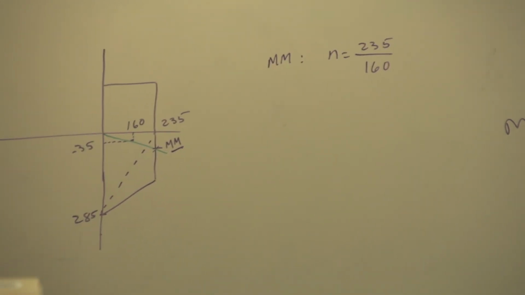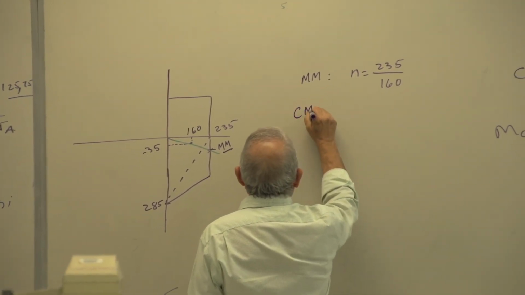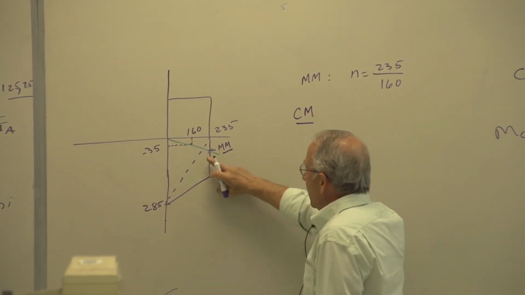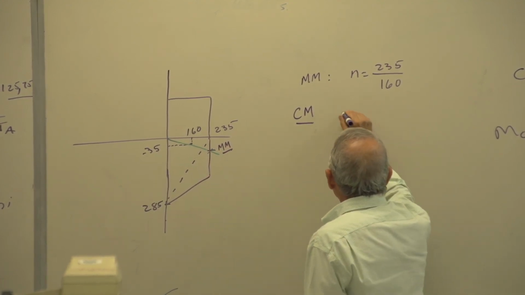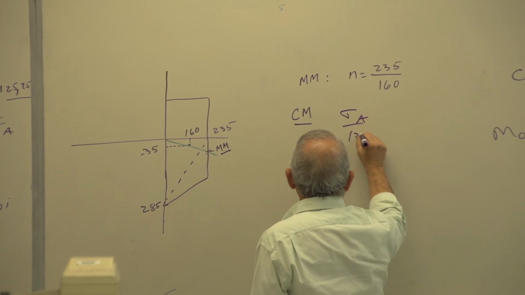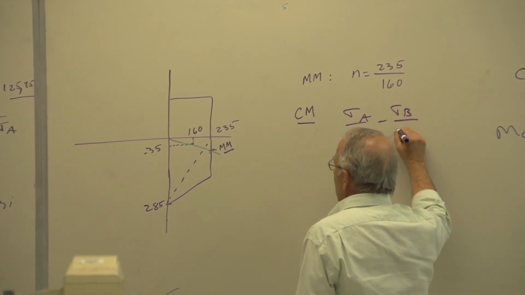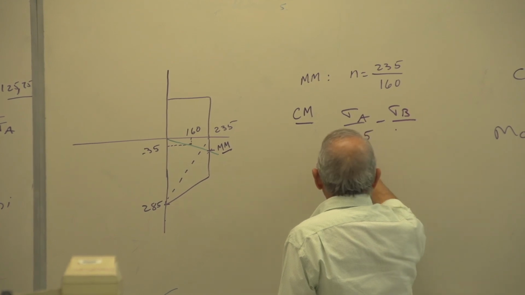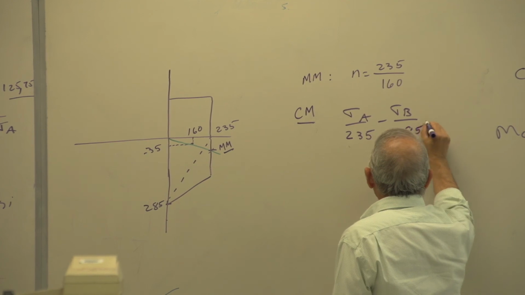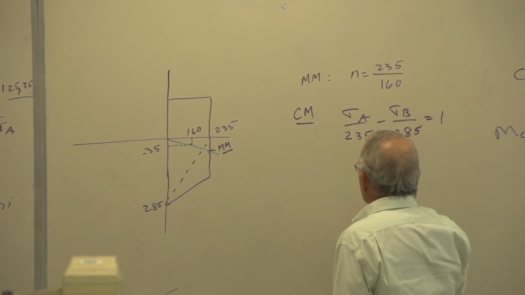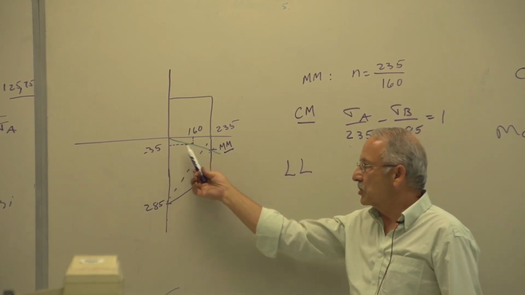Let's use the Coulomb-Mohr. We write the equation of the Coulomb-Mohr line, sigma A over 235 minus sigma B over 285 equals 1. The load line is the equation of this green line.